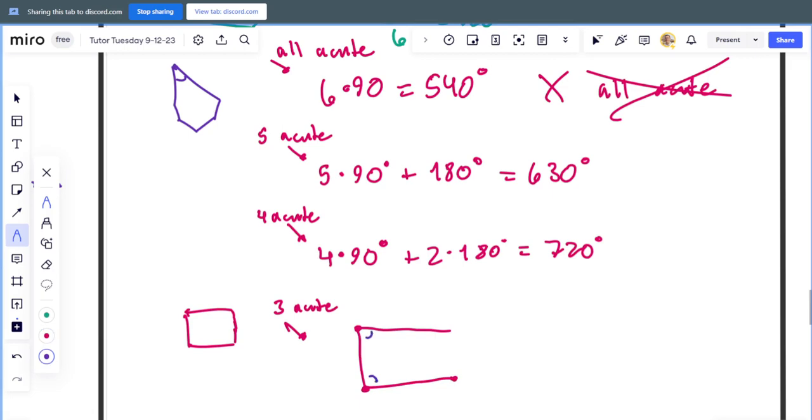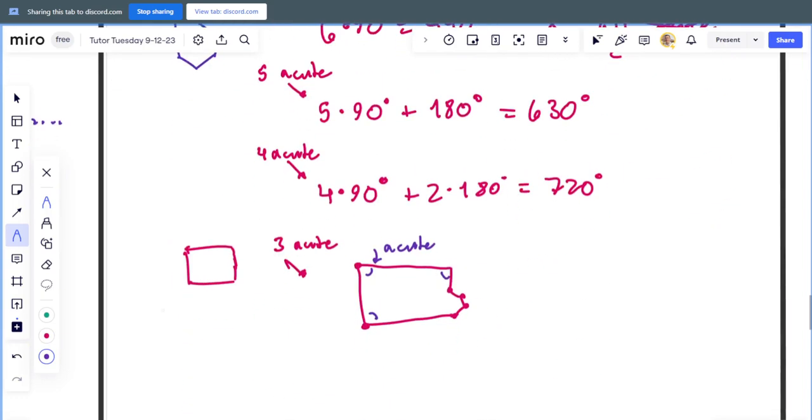Let me make this one acute as well. Then we need the remaining 3 angles, so we could do 1, 2, 3. None of those are acute. But those 3 that I marked are acute angles. So we could have at most 3 acute angles.